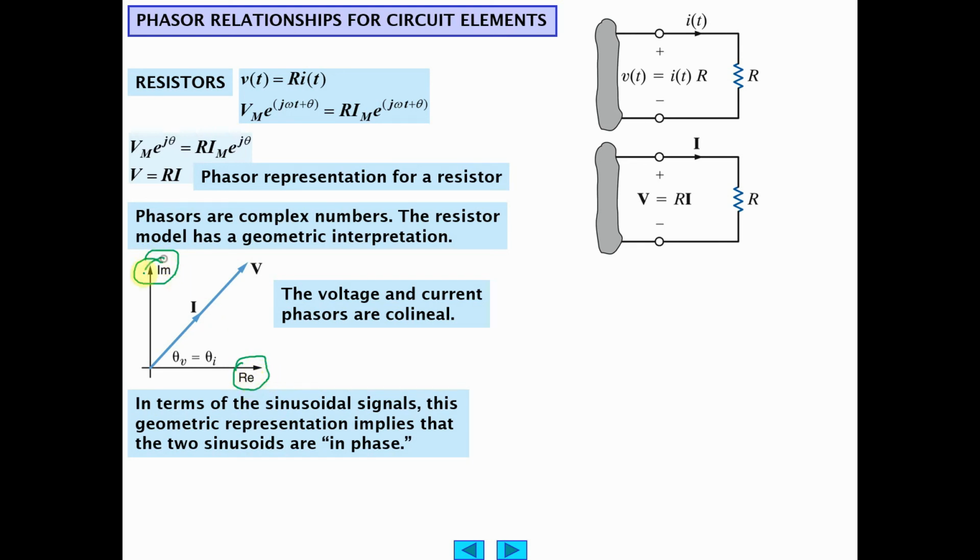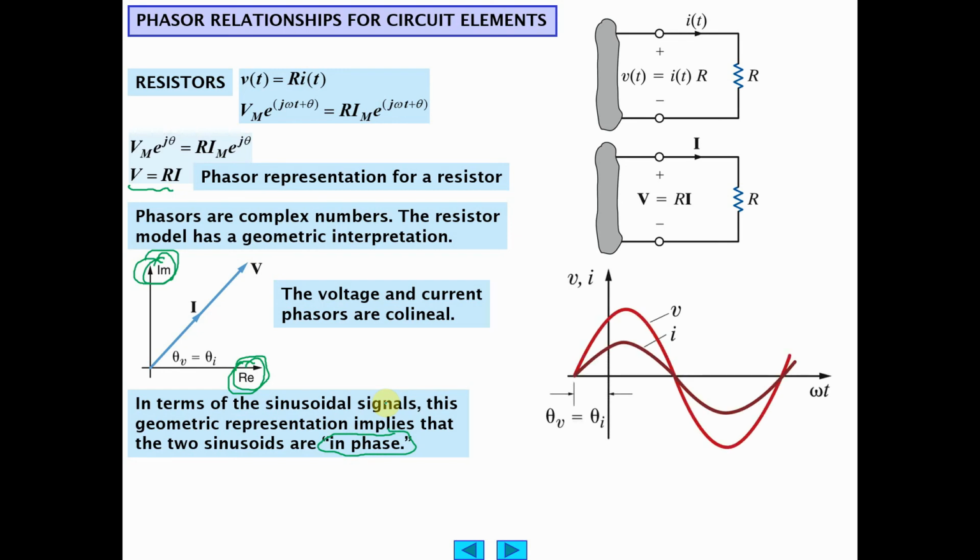So the imaginary part of a complex number vertical, real part horizontal. And the current is exactly in line with the voltage if you have a purely resistive circuit, Ohm's law. The two are, quote, in phase.